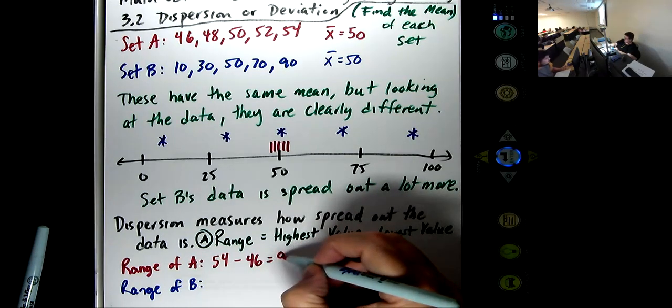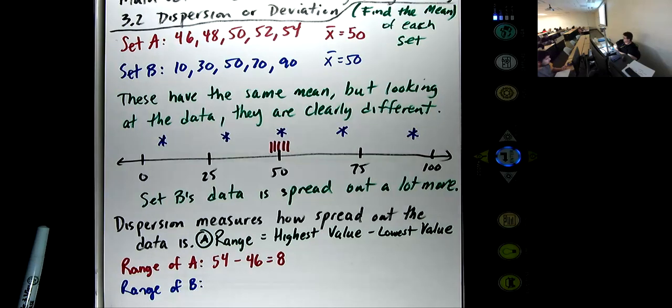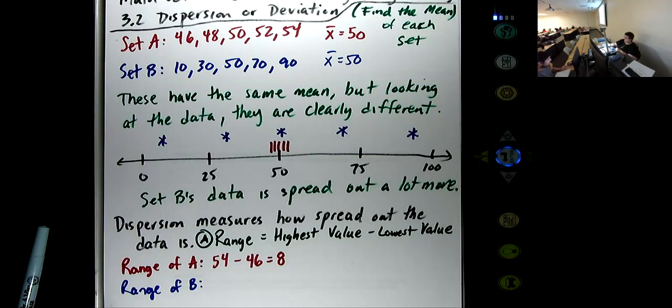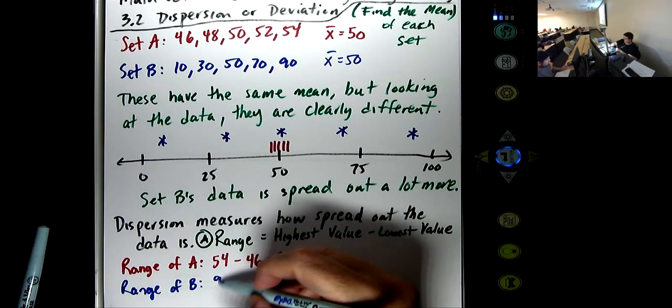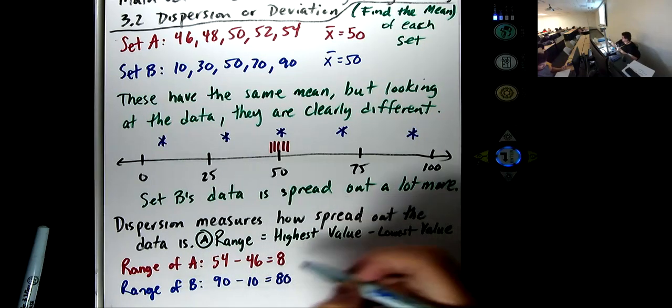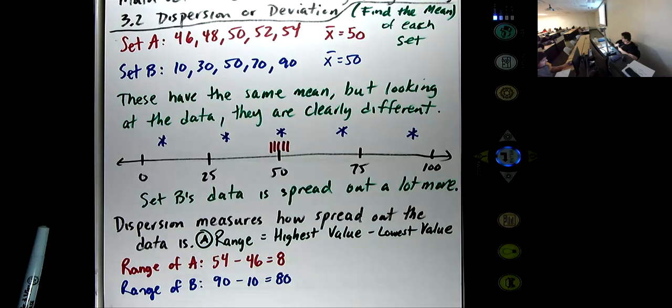So this equals 8. And B, the highest value is 90 minus the lowest value is 10, is 80. So looking at the range, one's got a much bigger number than the other. That's a quick and easy ballpark way of looking at it.